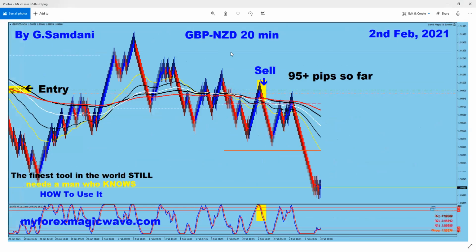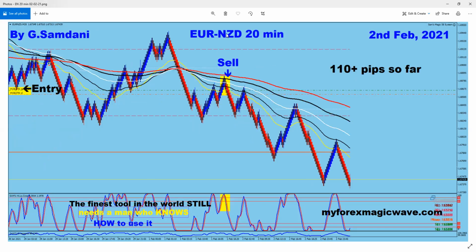Similar setup. You can see that this is pound NZD, the same thing here. And again, this one is Euro NZD, same setup here again, right? So this is the system that gives you so many entries. If you miss this one, you could have taken this one, this one, this one, right? But I was in from all the way up here, and down.